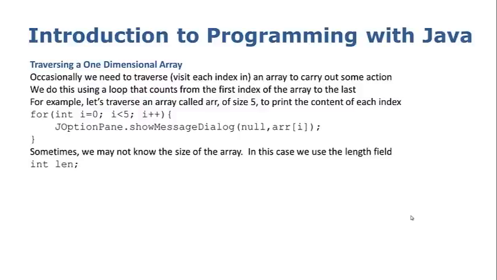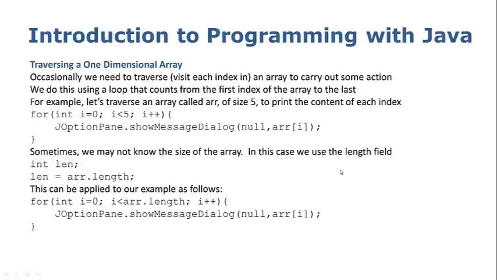So what we do here is we declare a variable len, which is an int, and then we say len is equal to R.length. And you'll notice there's no round brackets after length. That's the difference between this and the length method that we use with the string class, so watch out for that. No brackets when we're working with arrays. What this does is count the number of elements in the array and store it in len.